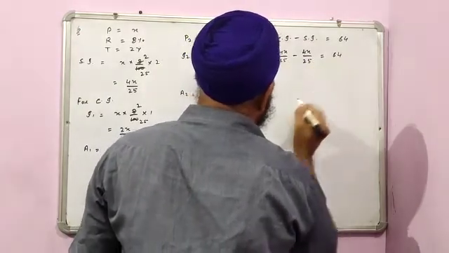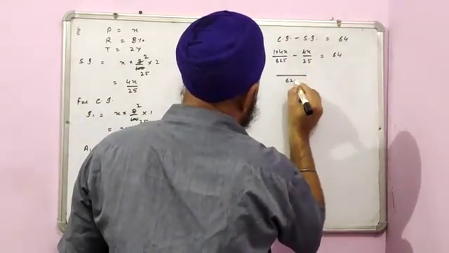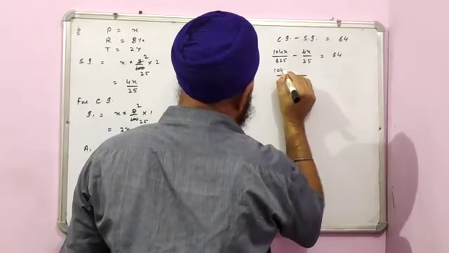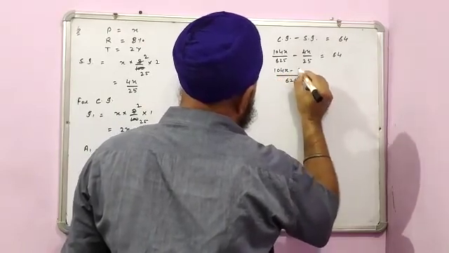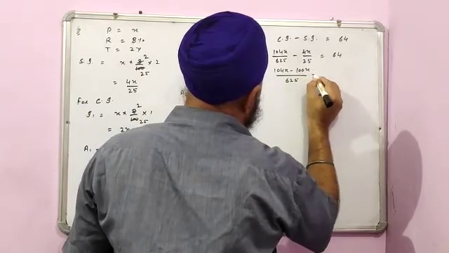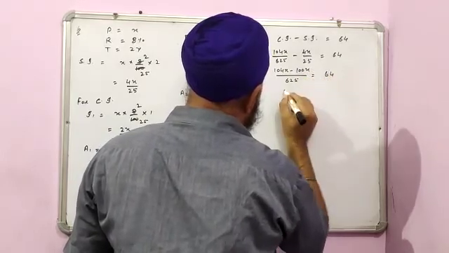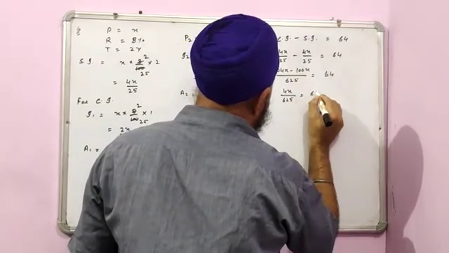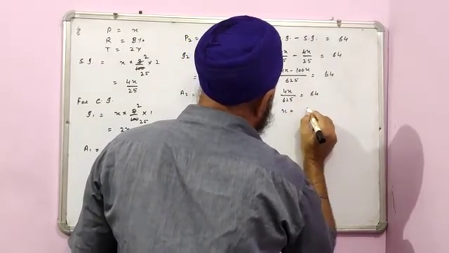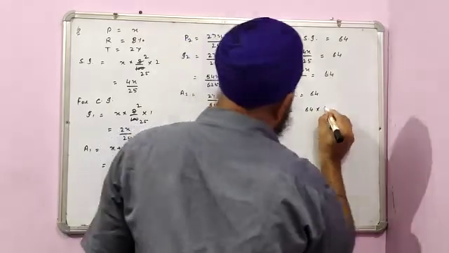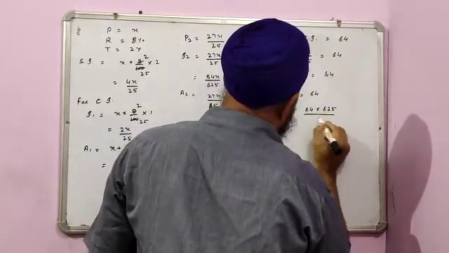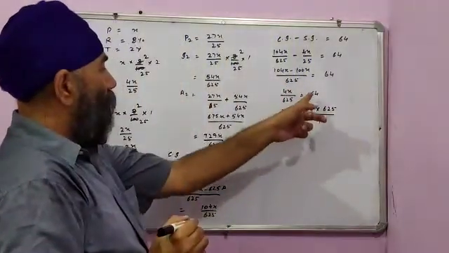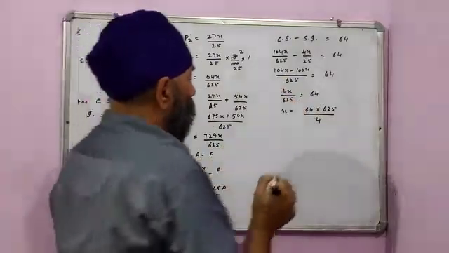Difference is 64. Over 625, 104x minus 100x is 64. 4x upon 625 is 64. x is 64 into 625 upon 4. 625 will get multiplied, 4 will get divided.